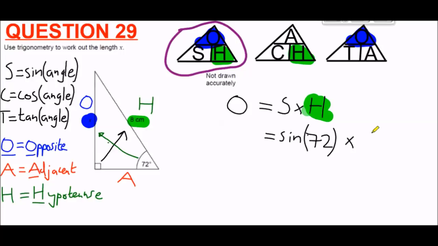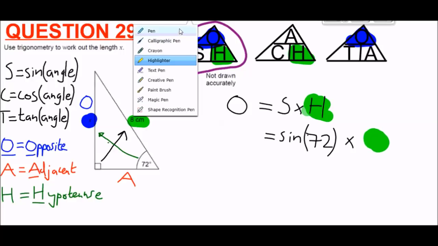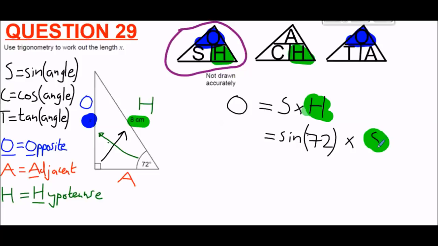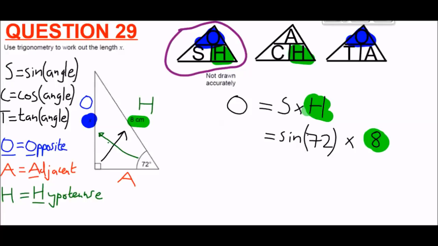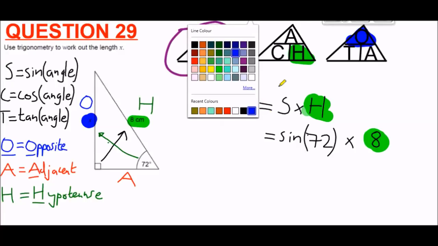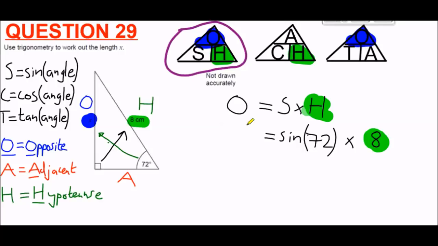So the hypotenuse is 8. And that will tell us what the opposite side is. The opposite side being x, which is what we wanted to know all along. So the opposite side is sin 72 times 8.